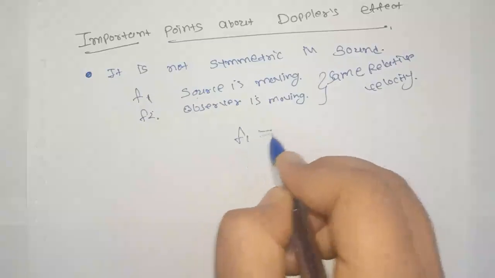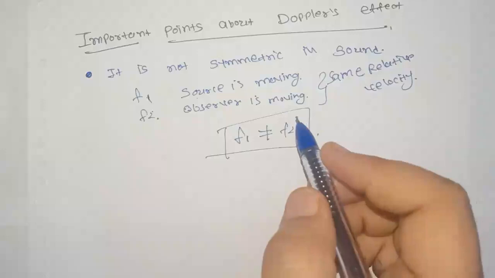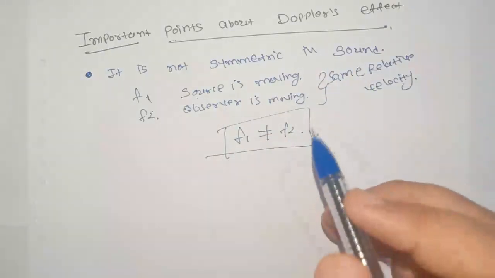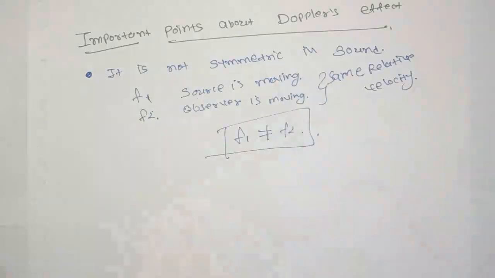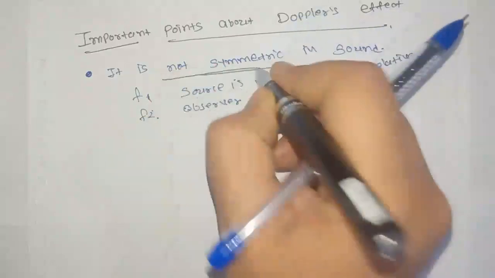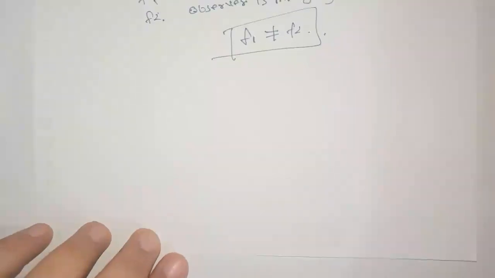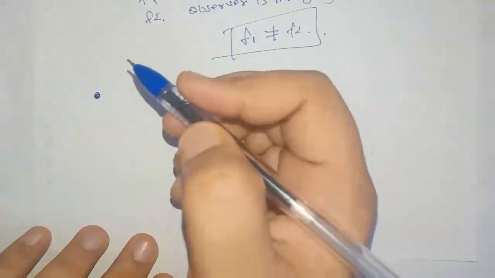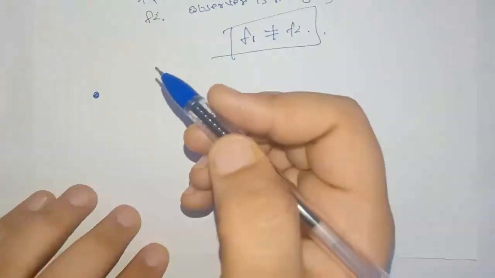Then F1 is not equal to F2. So it is not the case that whether object is moving or source is moving, the frequency observed will be same. So it is not symmetric in the case of sound. But yes, it is symmetric in the case of electromagnetic wave.